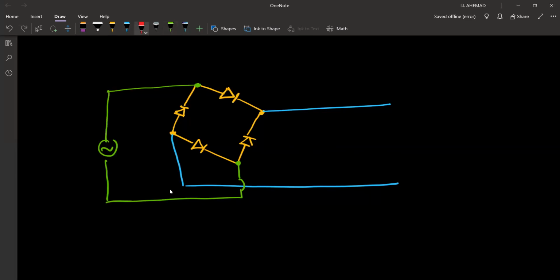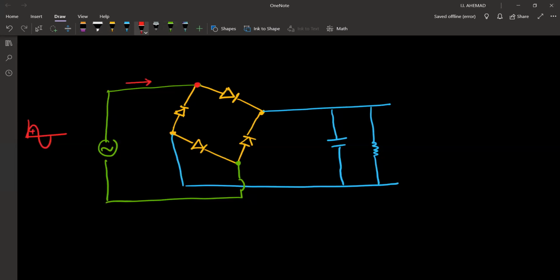Let's say here we have the load resistor and the capacitor for smoothing. Now the signal, let's say we have a positive signal. We are talking about this positive half. During the positive half, the current is flowing in the upward direction. So this diode is anyways reverse biased.